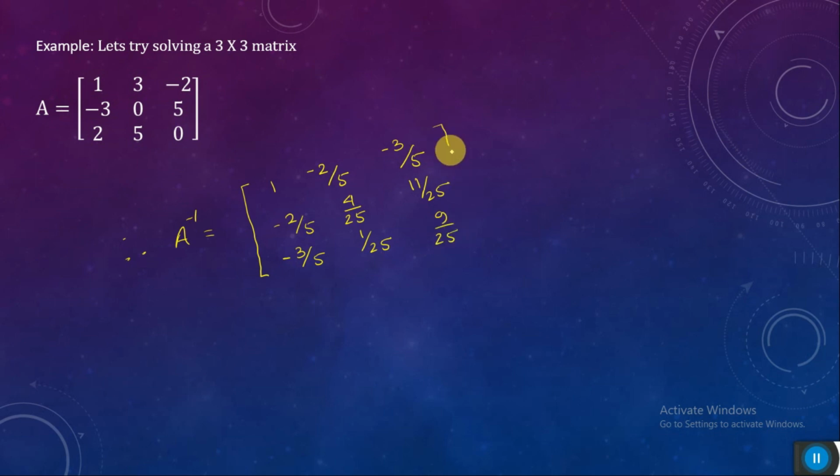Okay, if there is some mistake, you please change it. Previous slide it was correct. Here, if you find anything mistake, you change it from there. Okay, so this is how you will solve a 3 cross 3 matrix.